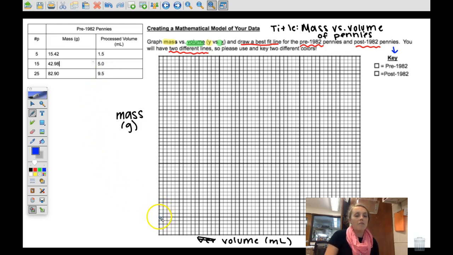According to my graph, my grid has 10 major grid lines. And because my mass goes up to 82.9, it might be best to label each major grid line by tens. This keeps our minor grid lines, we can keep track of them a little bit better.